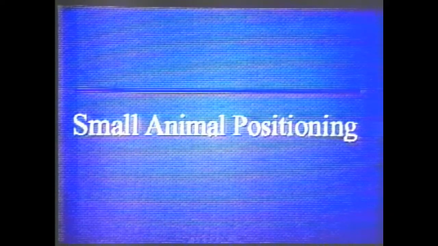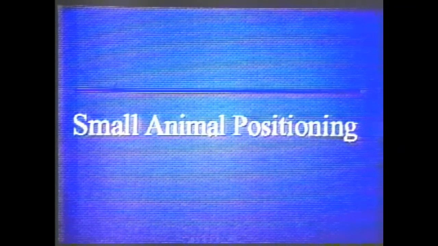This section of the tape has been developed to show you how to reduce the exposure to personnel working in positioning small animals. We have shown you most of the common positions in small animal medicine that are used for standard radiographs.